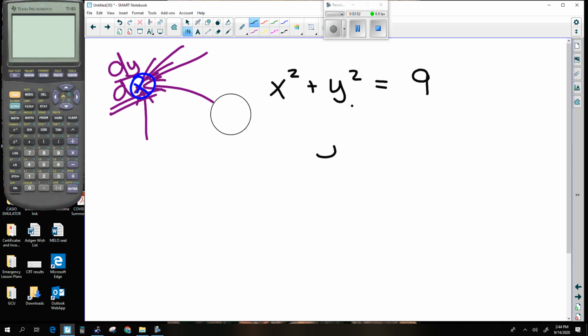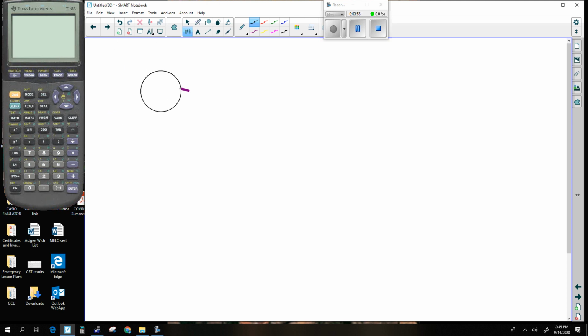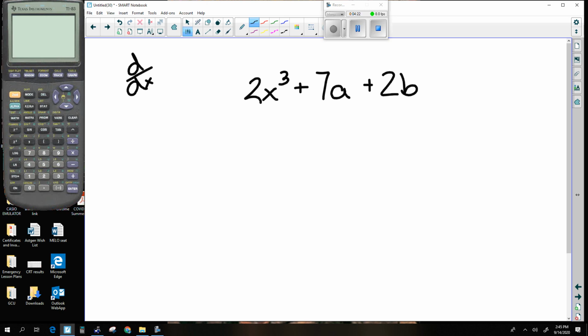So let me broaden our scope here just a little bit. What I ultimately want to know is what is d/dx with respect to x of 2x to the third plus 7a plus 2b squared is equal to 4x plus c.